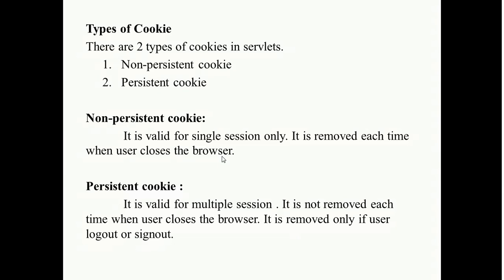Next is the persistent cookie. It is valid for multiple sessions, and it is not removed each time the user closes the browser. It is removed only if the user logs out or signs out. So suppose the user closes the browser, but the persistent cookie is still valid when it is opened again. A non-persistent cookie is removed each time the user closes the browser, but a persistent cookie is not removed when the user closes the browser.